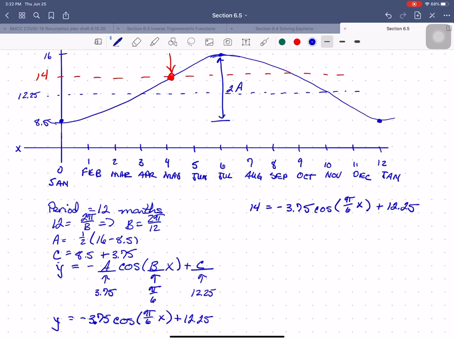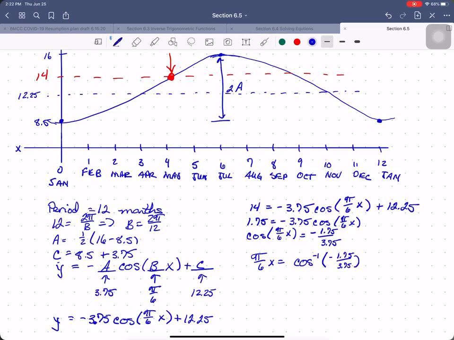Let's subtract our 12.25 from both sides. We get 1.75 equals negative 3.75 times the cosine of pi over 6x, which means that the cosine of pi over 6x equals negative 1.75 divided by 3.75, which means that pi over 6x equals the inverse cosine of negative 1.75 over 3.75.